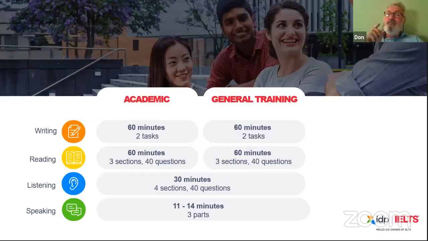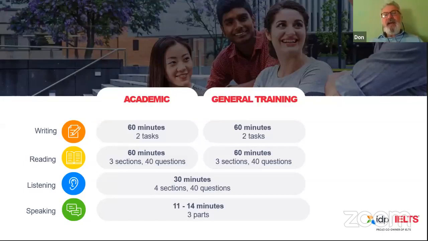And if you're doing the computer-delivered test anywhere in the world, the listening will be the first part of the test. But here, this is the way that the paper-based test is constructed in Australia. It doesn't matter in what order those parts of the test come. Here, writing, reading, listening, and speaking, they are all the same. It doesn't matter in which order they come.